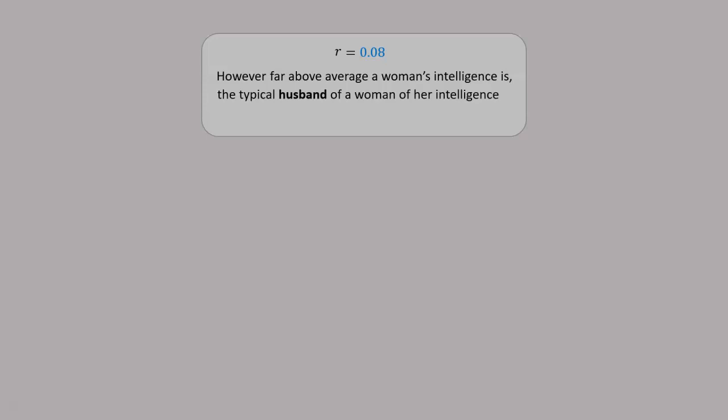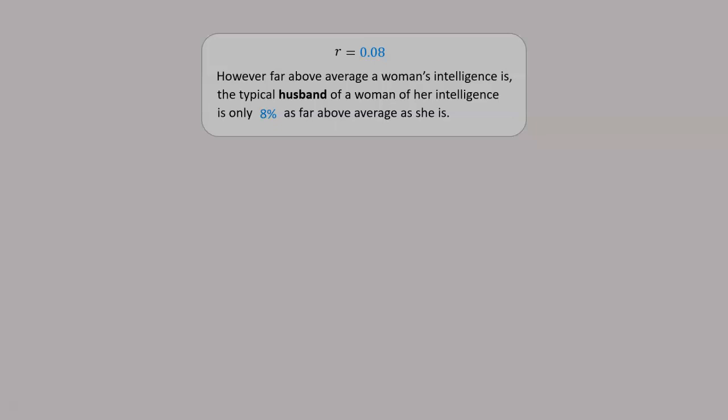And that is the idea in a nutshell. There's nothing special about the particular value of r other than the fact that it's less than 1. If, for example, r turned out to be much lower, say 0.08, the same basic idea would still apply. Only now that correlation coefficient would be telling us that however far above average a woman's intelligence is, the typical husband of a woman of her intelligence is only 8% as far above average as she is.